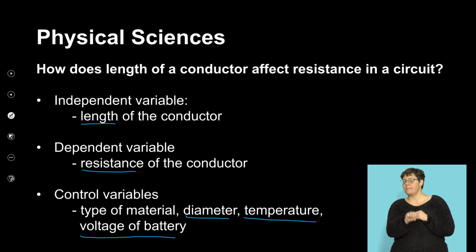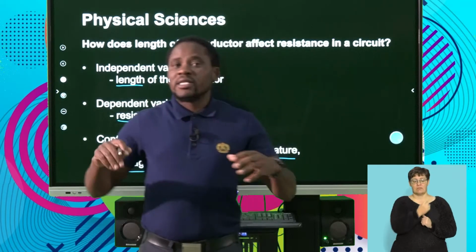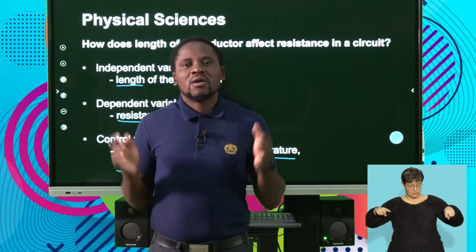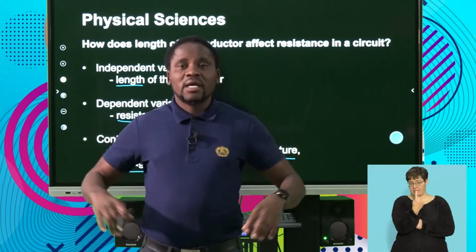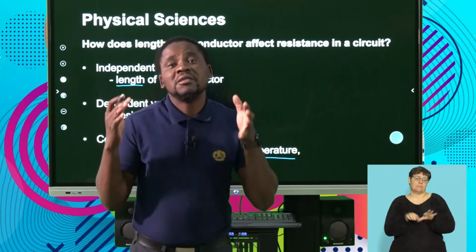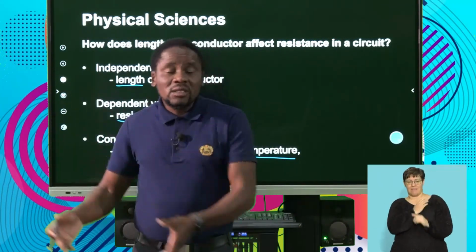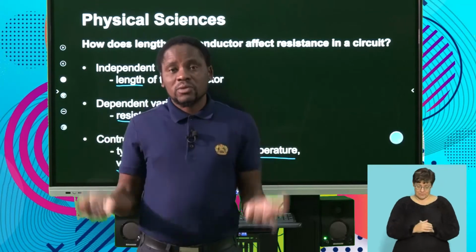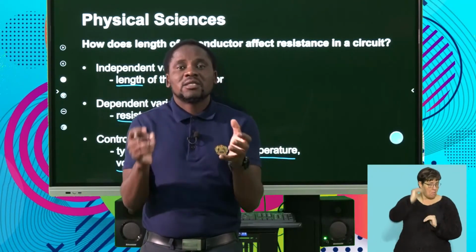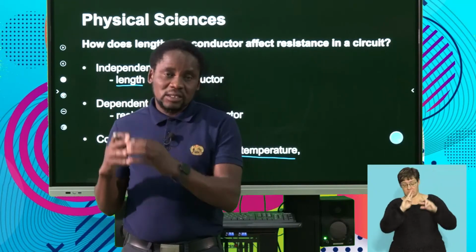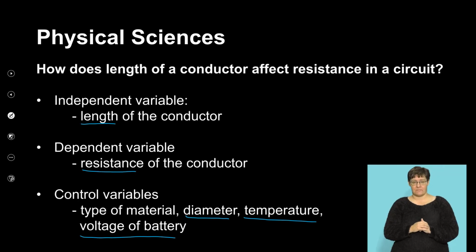So you do realize that at every point of this investigation, the only thing that changes is one quantity, which is the length. Everything else that might have an impact on the resistance of that material is kept constant, so that we are able to arrive at a relationship between length and resistance of a material.